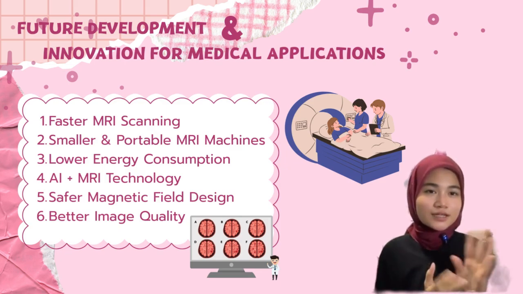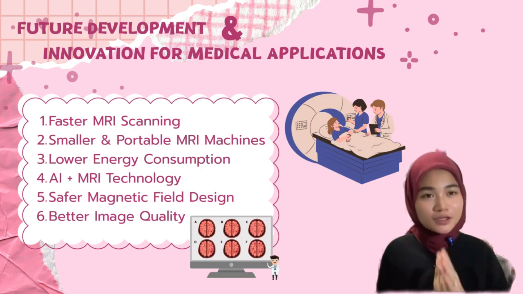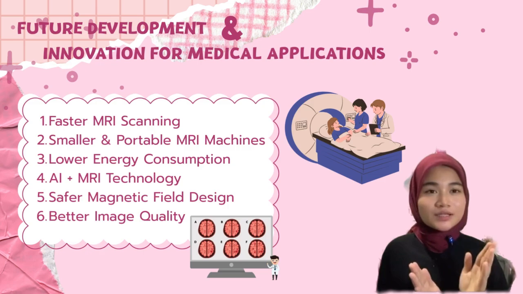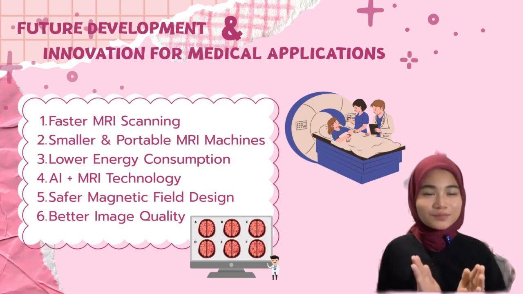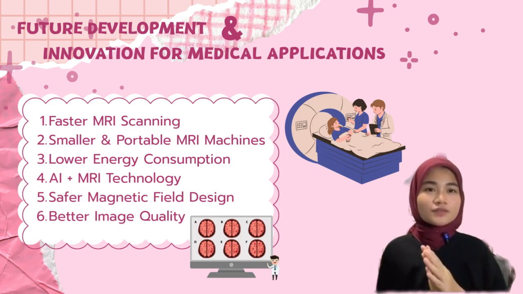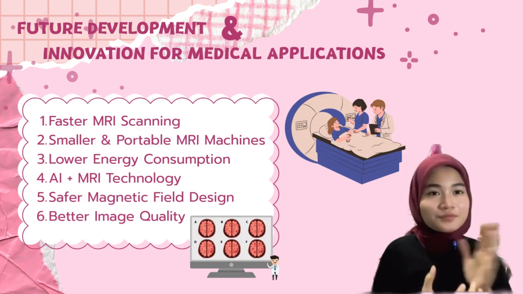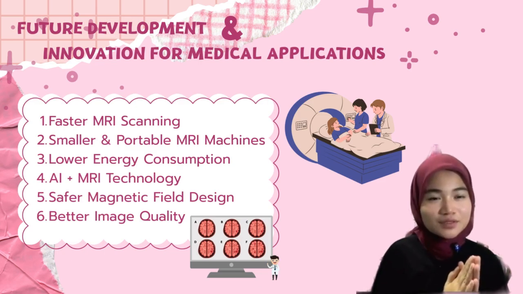The fourth one is AI and MRI machines. This technology can help doctors read MRI images even more effectively. And with this technology, we can avoid or reduce human error, such as in detecting small details. Fifth is safer magnetic fields.